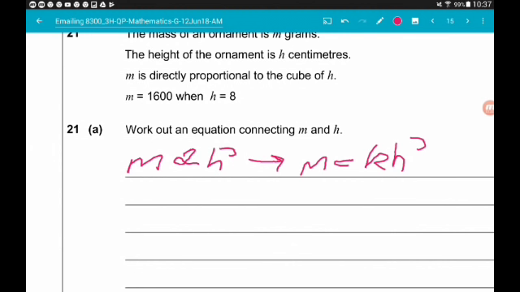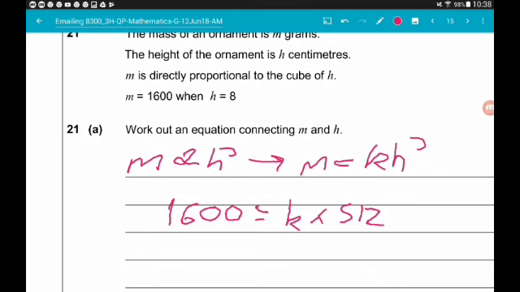So we get 1600 is k times h cubed, which is k times 8 cubed. Now 8 cubed is 512. So on the right there we got k times 512.